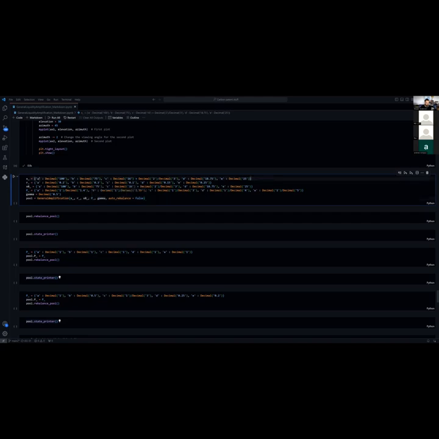So if we wanted to, instead of A and B, these could be like ETH and BTC or whatever. And I'm just starting them out with a certain number of tokens to get started.